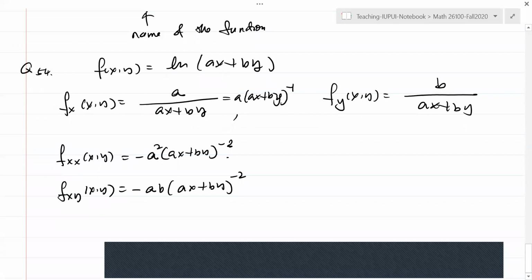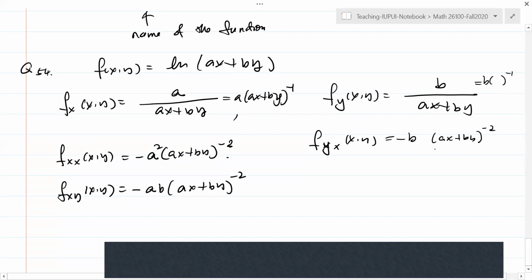Similarly, you can do this one, f sub yx, the partial derivative of f sub y with respect to x. You can write this as negative b times ax plus by to the negative 2, but you have to differentiate inside.